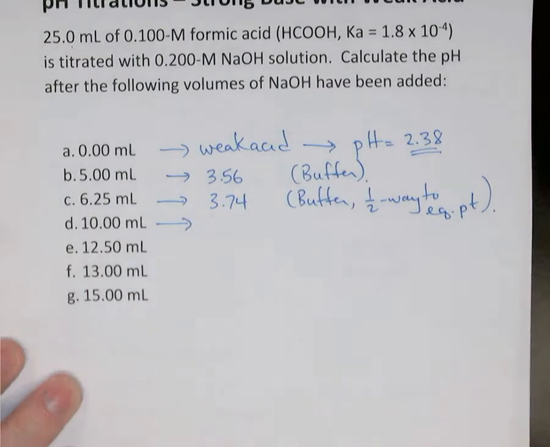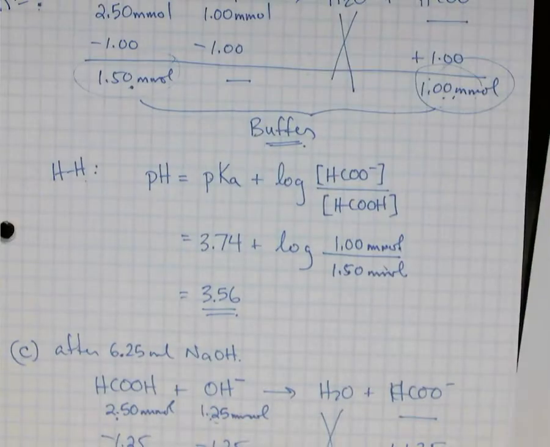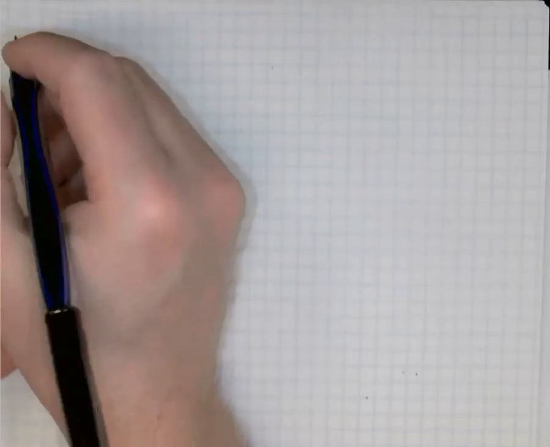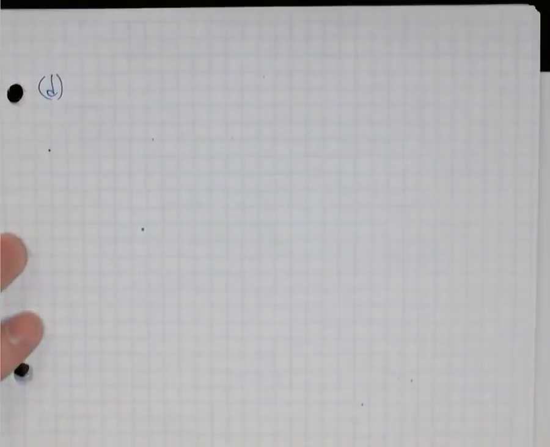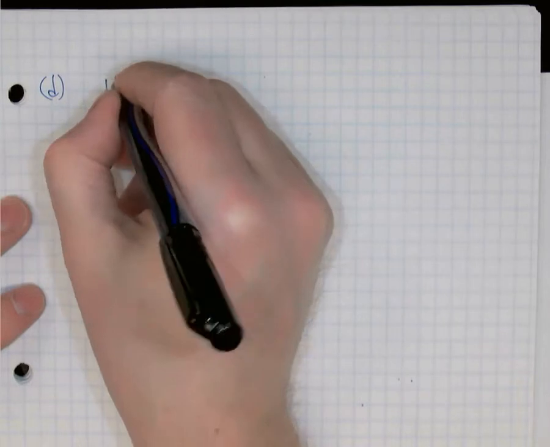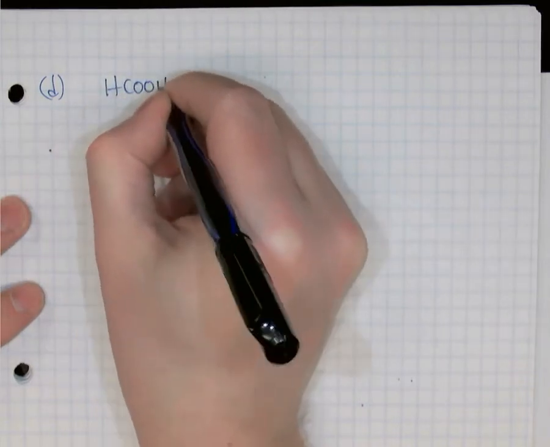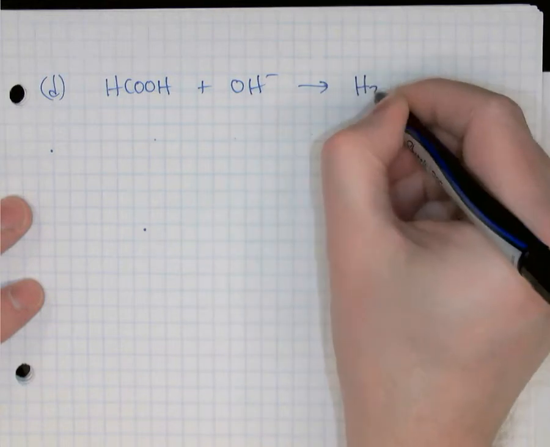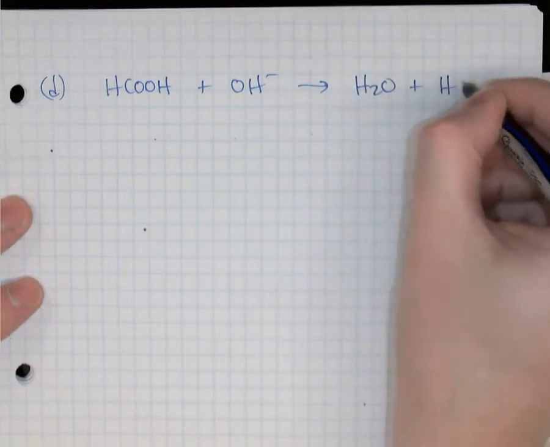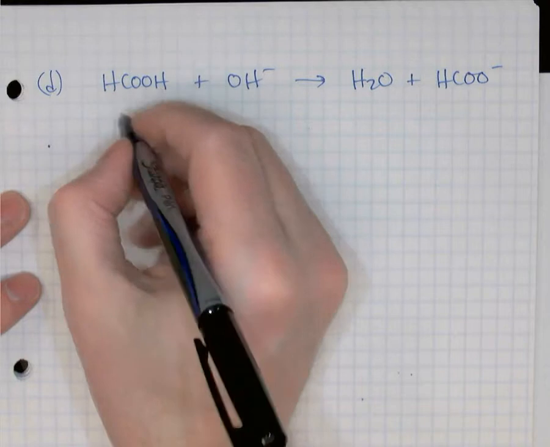10 mils of base. If you think you know what you're doing, go ahead and set it up. So the acid reacts with the strong base, water, and conjugate base.